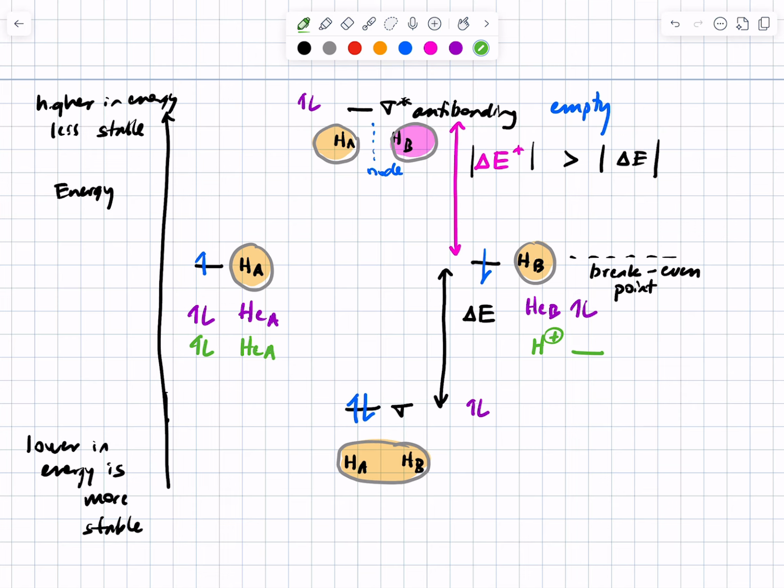Put those 2 together, you can fill the bonding orbital and keep the anti-bonding orbital empty. So you guys just predicted that you could make a molecule that would look like this. It actually exists in interstellar space. It's not particularly stable because it's positively charged, but it's reasonable.